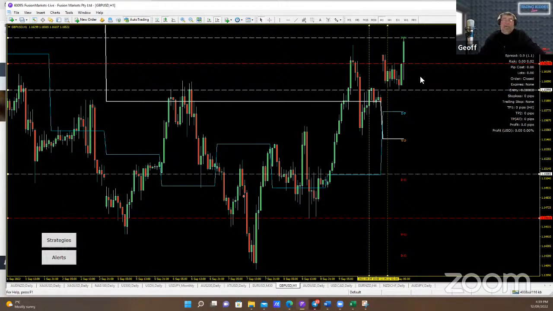Just waiting for that candle to close and the London session to begin. The high is still 116.57 now. What a son of a gun. 28.5 we need, which is about there.